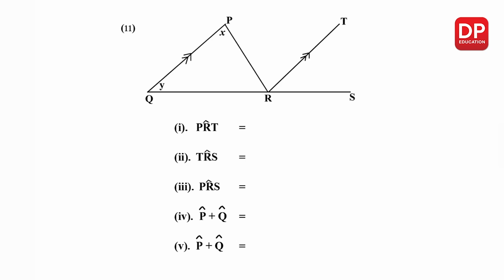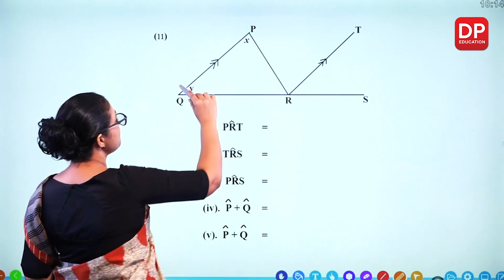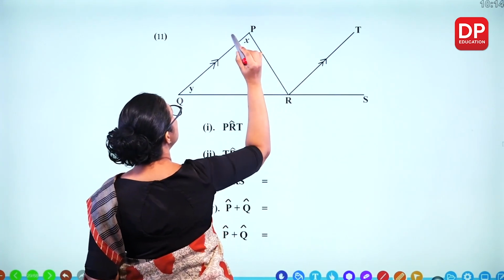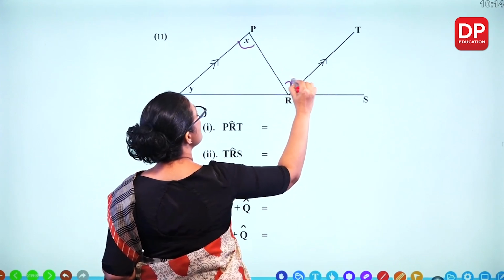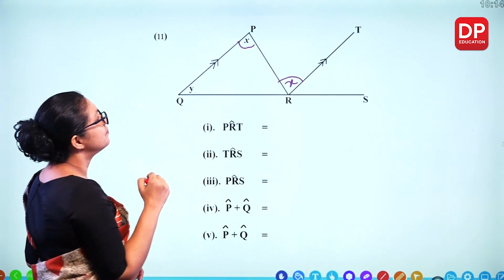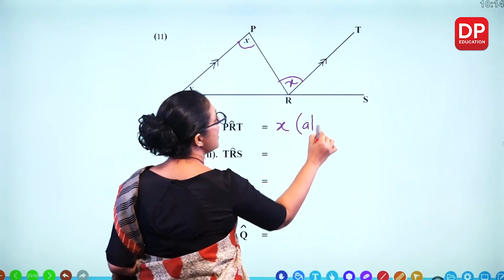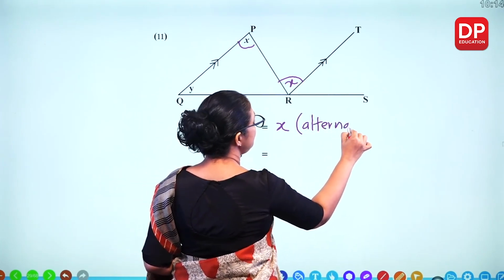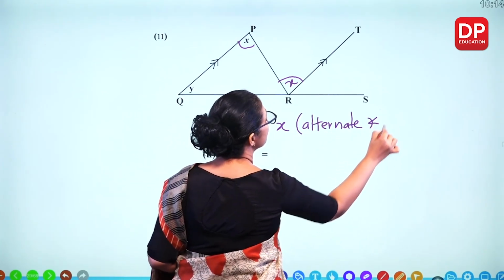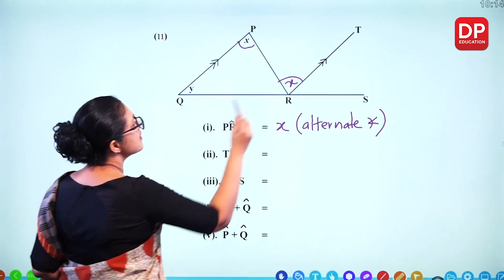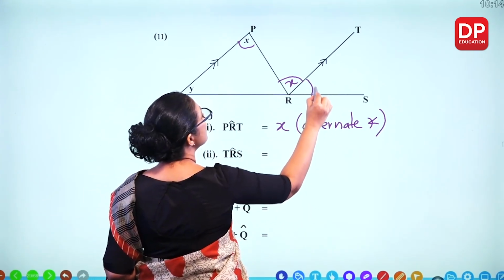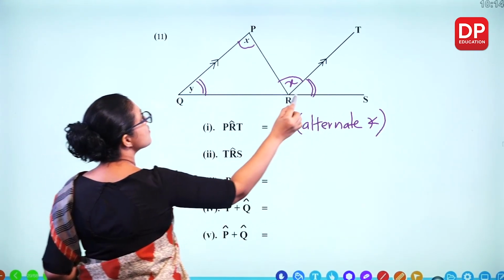We'll find out the values for PRT first. PRT. These two lines are parallel. So if this is x, this is also x. This is x. Alternate angles. TRS. This one is same as this. So this is y.